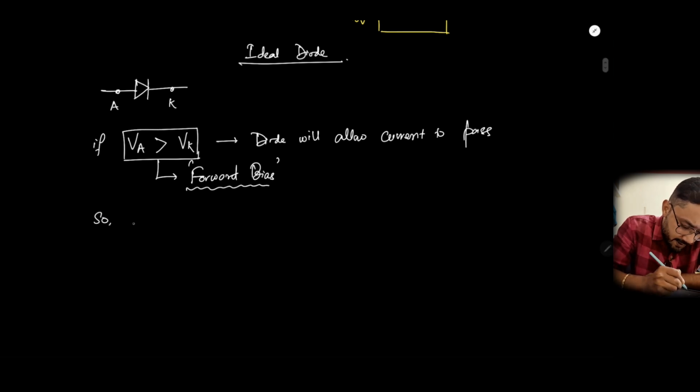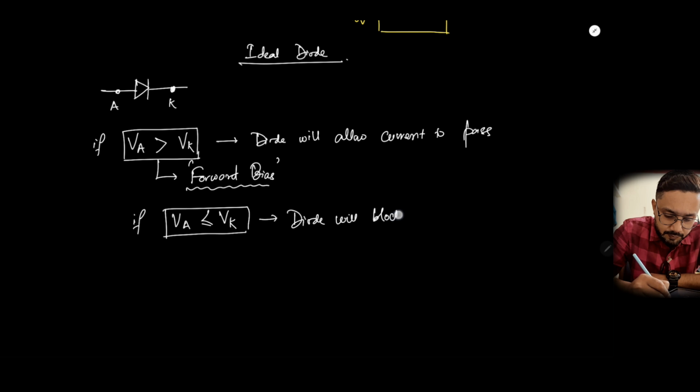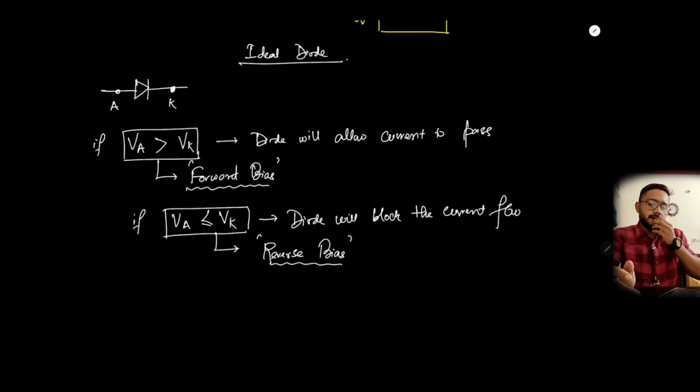So obviously, if VA is less than or equal to VK, that is, if the cathode voltage is greater than the anode voltage, then the diode will block the current. And this condition is called reverse bias.